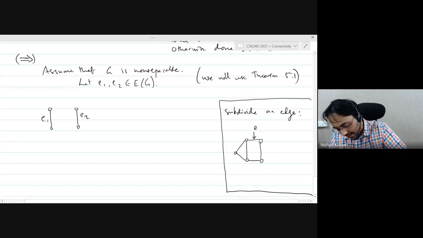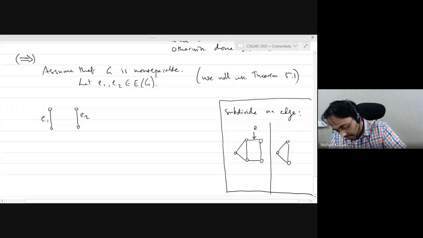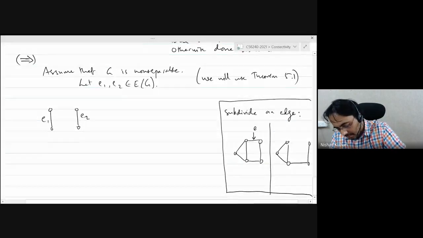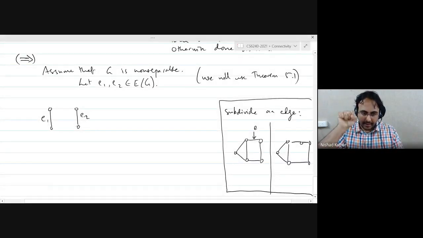What I mean by that is you have the same graph, but that edge will be replaced by a path of length 2. Or another way to think of it is you are inserting a vertex on that path, or you are subdividing the edge using one vertex.